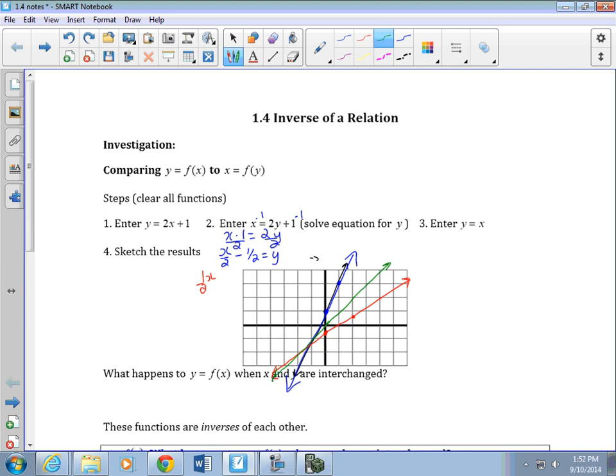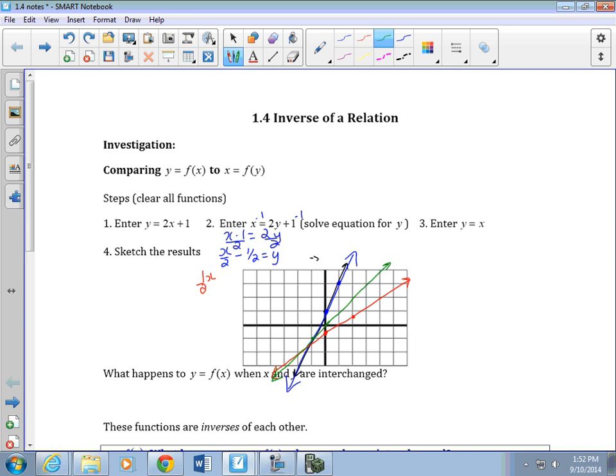Because my line isn't straight, but what you would see, if I had these exactly right, is these would be the exact same distance apart. So I would have my one point here. This red line should have been going through negative 1 and 1.